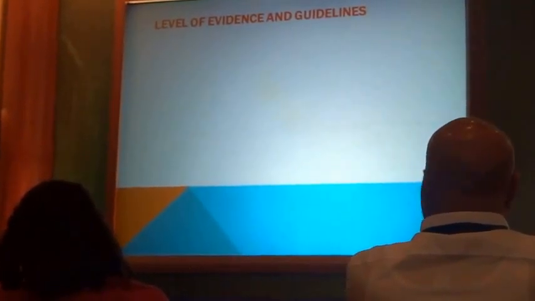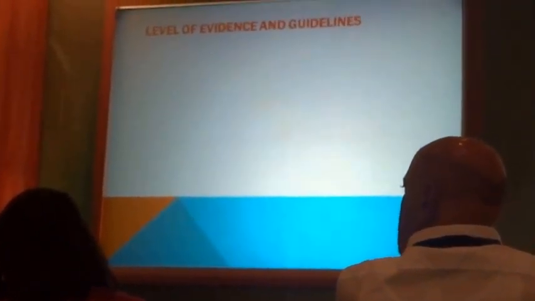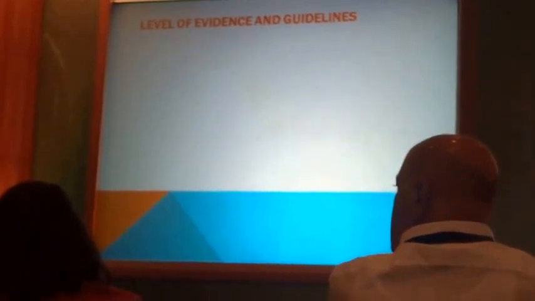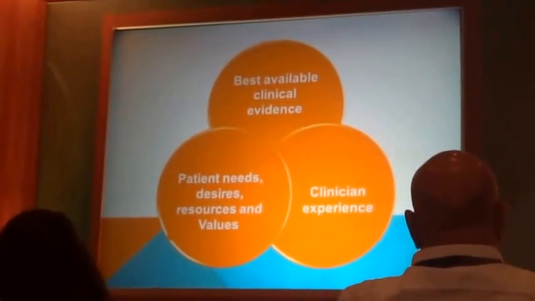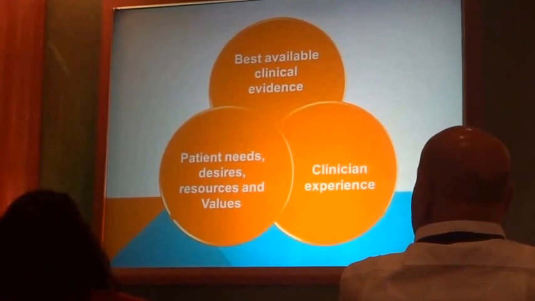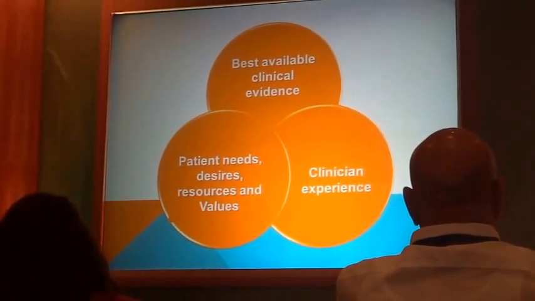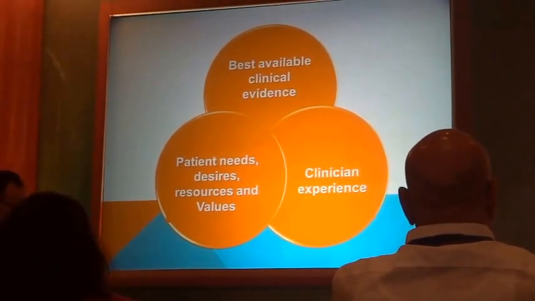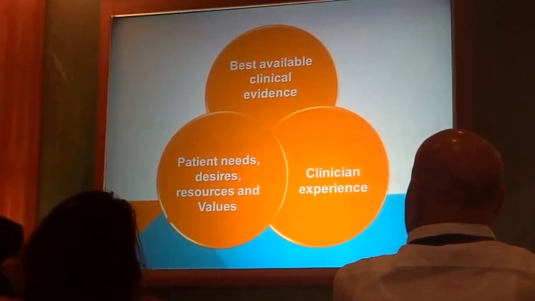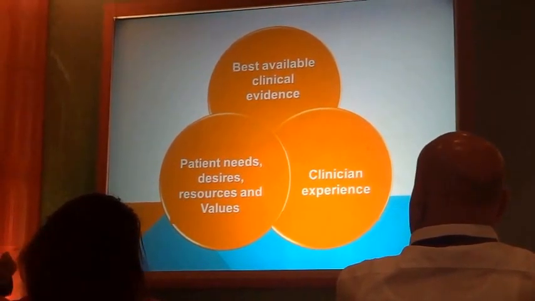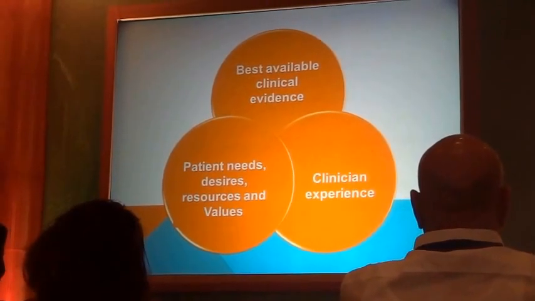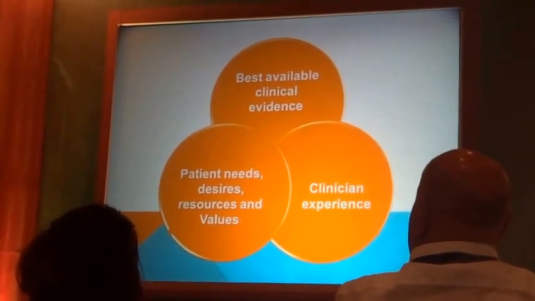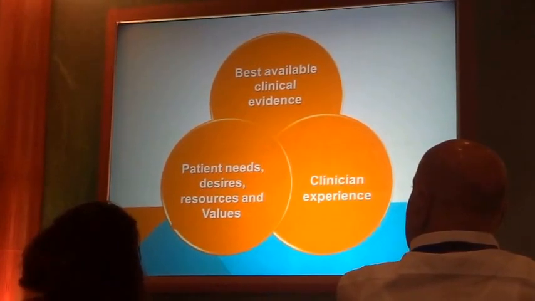And here we should stop at a very important point, always mentioned: level of evidence and evidence-based practice. Look at this diagram. The best available evidence comes from the literature. Should it be from your community, or can it be from international findings?